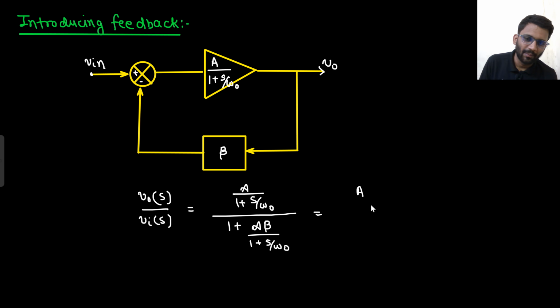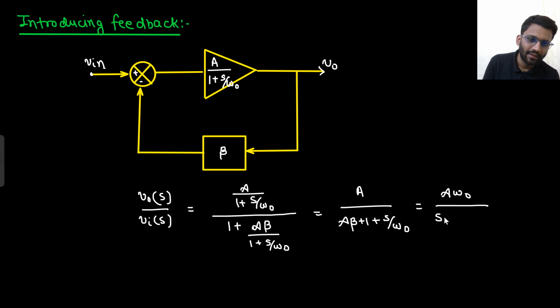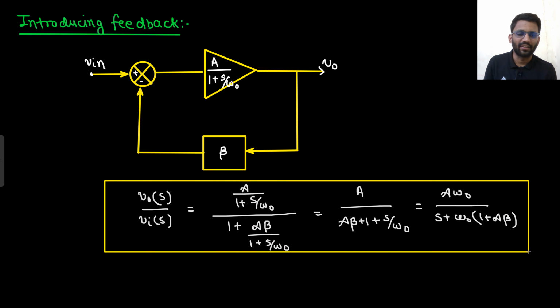So that would be A upon A beta plus 1 plus S by omega naught. Or what you can write, A omega naught divided by S plus omega naught into 1 plus A beta. Right? So this is the final answer. I have to keep it in the books only because I wrote it in one line.